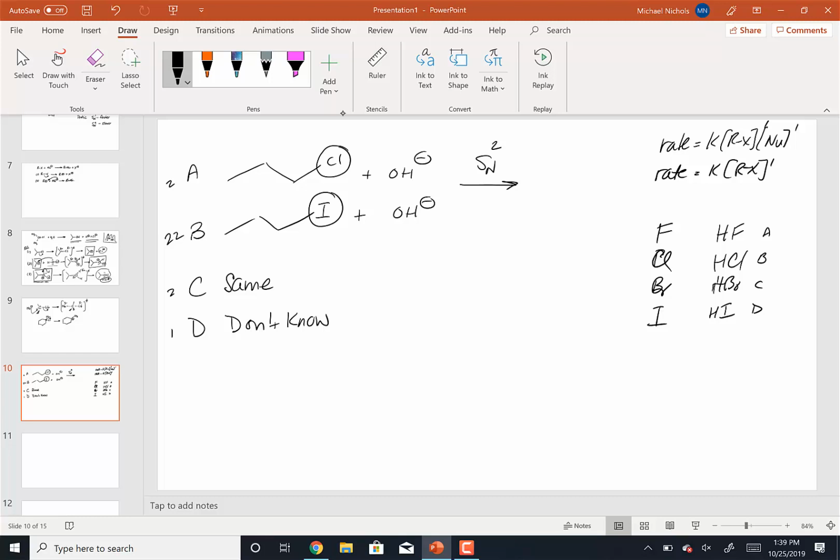Strongest acid. HF to HI. I got 11 HFs. I got 7 HCls. I've got 2 HBrs, and I've got 10 HIs.